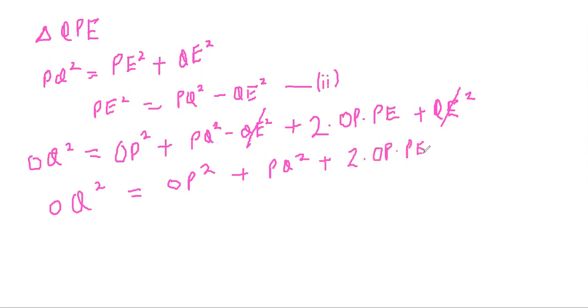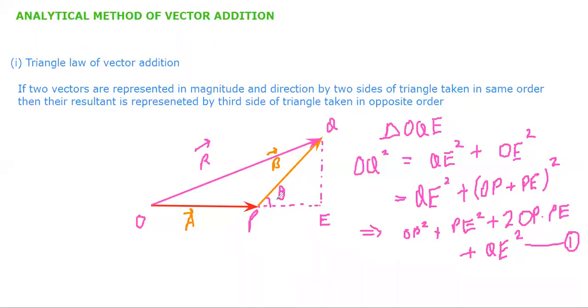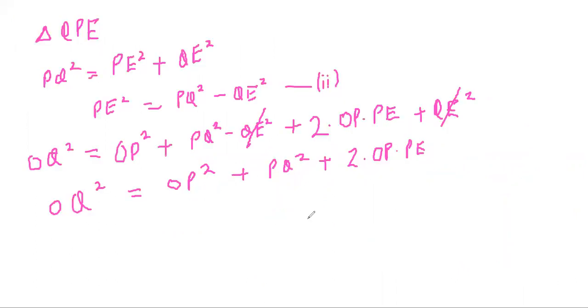Now if you see this triangle PQE and try to find the value of cos theta, cos is base by hypotenuse, that becomes PE divided by the hypotenuse PQ. So the value of PE can be PQ cos theta.